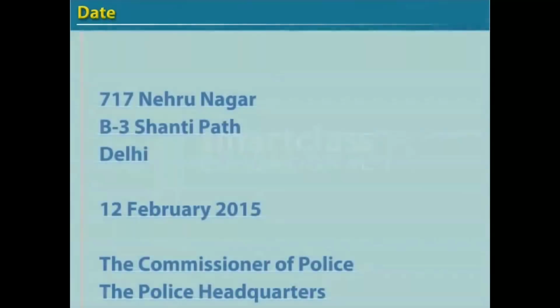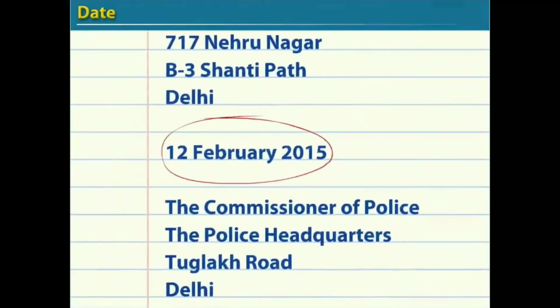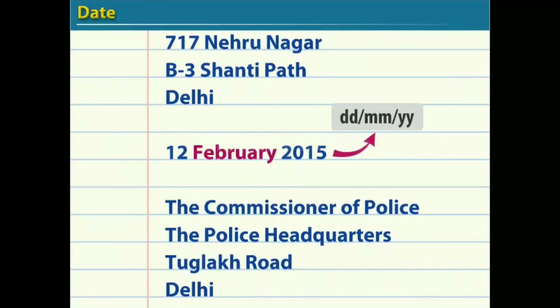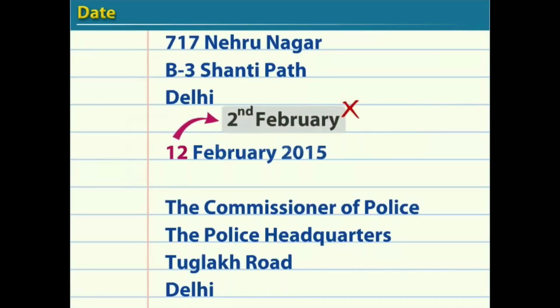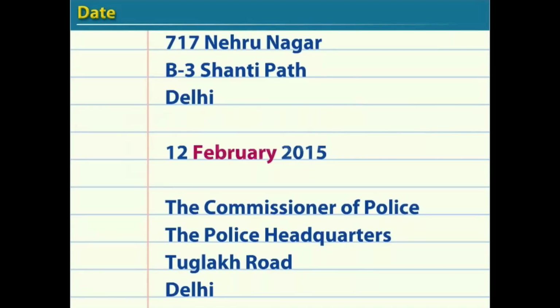Date. Write the date below the sender's address after leaving a line. Adhere to the date, month, and year pattern. That is, without superscripting it with ST, ND, RD, or TH. Write the name of the month in full, followed by the year.